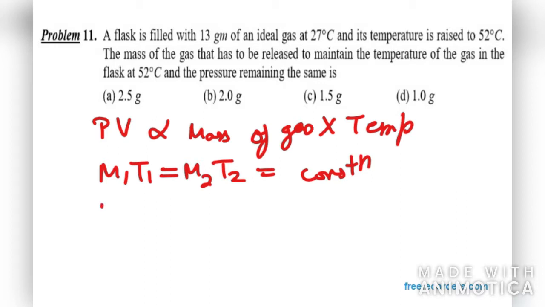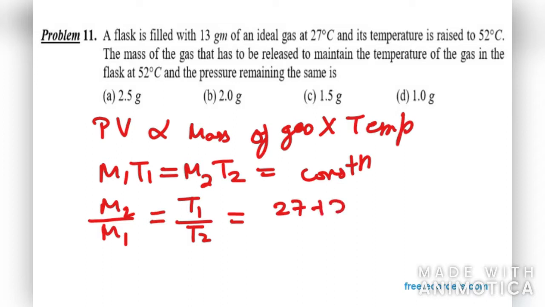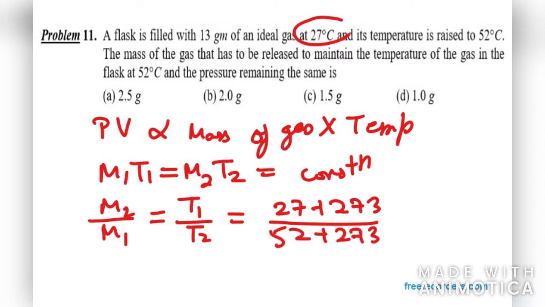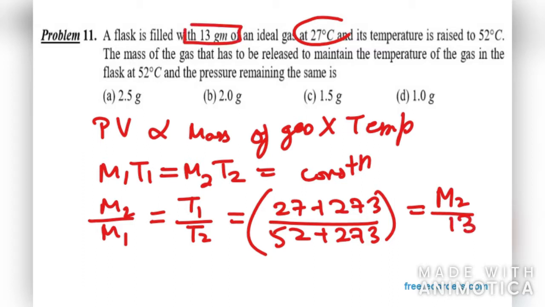Simplifying first, m2 over m1 equal to T1 over T2, which is equal to 27 plus 273, converted to Kelvin, over 52 plus 273. m2 is unknown to us, and m1 in this case is 13 gram.